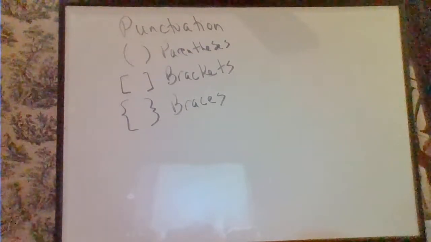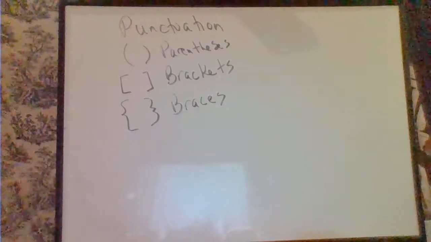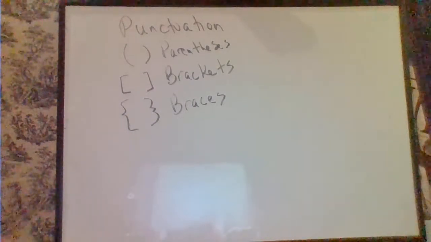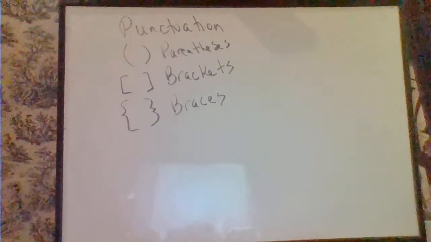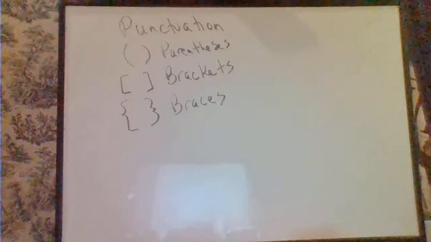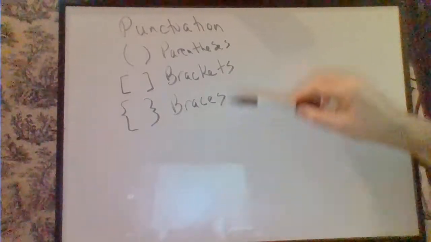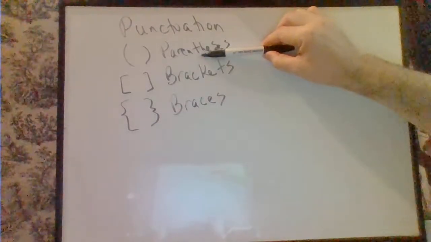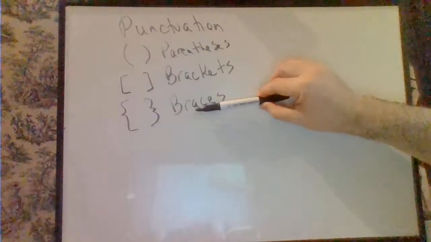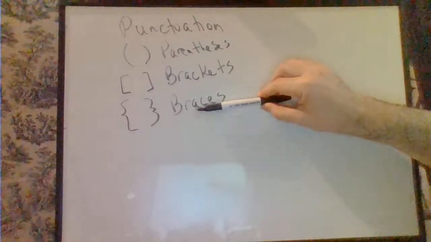When we start working with figuring truth values and determining validity and all that, the thing to remember too is that just like in mathematics, you have an order of operations. You also have an order of operations in logic, and this is that order. You do what's in the parentheses first, then what's in the brackets if you have them, then what's in the braces.